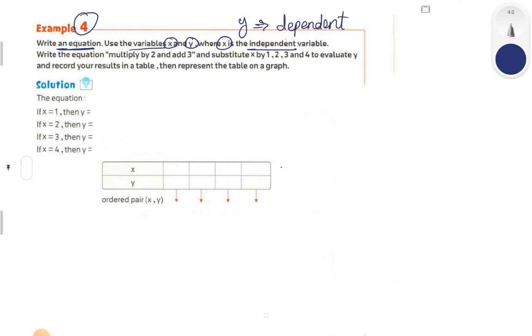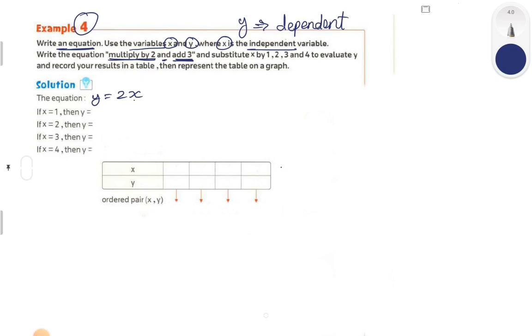But what's the equation? Multiply by 2. That means the equation is y equals 2x, and add 3 after multiplying.